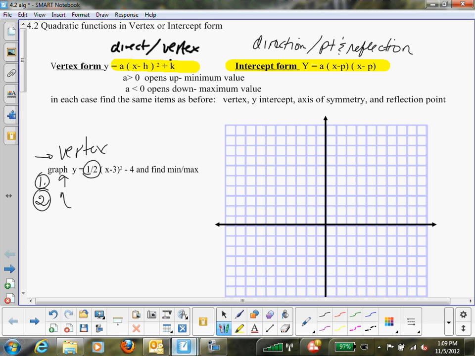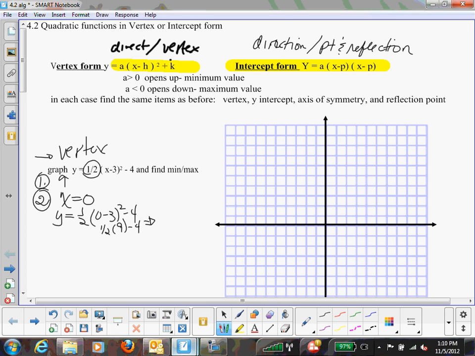So if x is 0 and we're looking for the y-intercept, what do I do to figure out my corresponding y value? You plug in 0. That means y is equal to 1/2 times (0 minus 3) squared minus 4. Agreed? Which is 1/2 times what? 9 minus 4. And on your calculator, what does that give you?